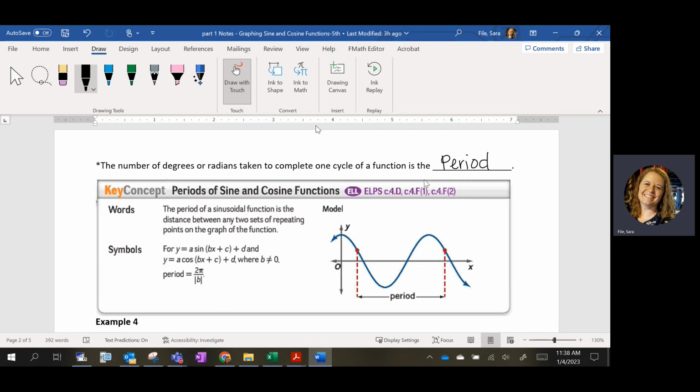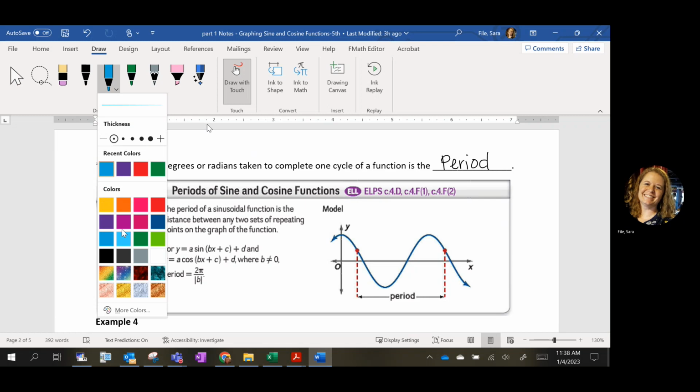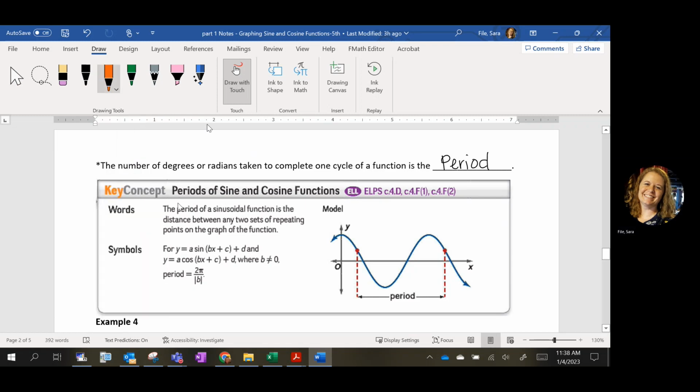That's how wide it is. This graphic that they give you talking about the period says that your period is just the distance between any point to the next point before the graph starts repeating itself.